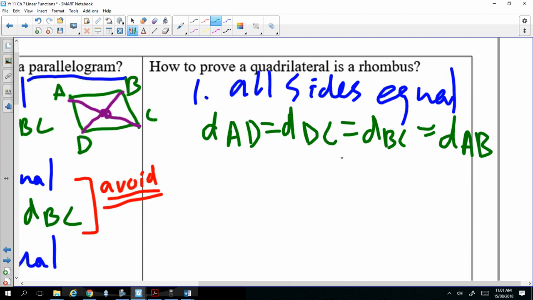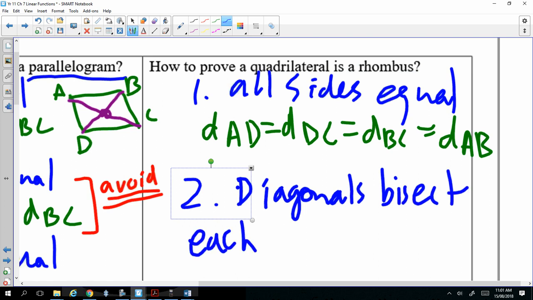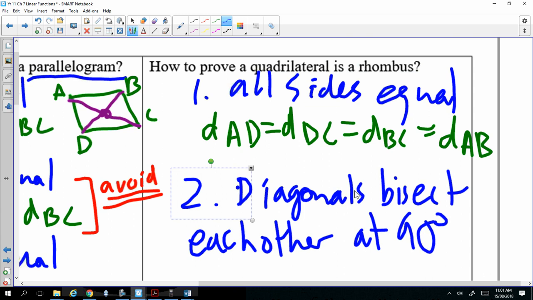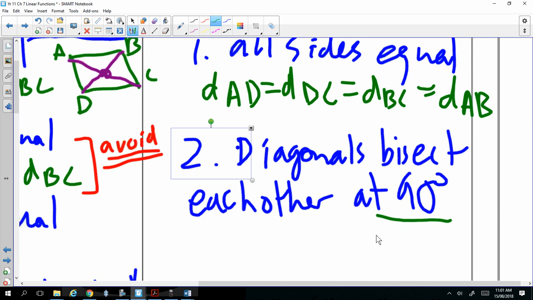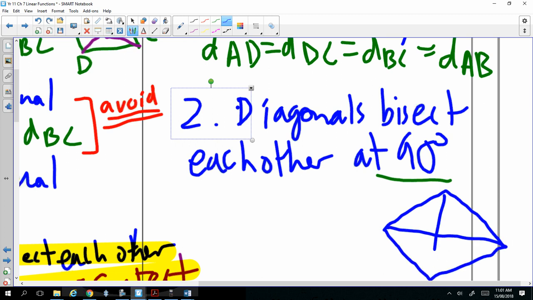Diagonals bisect each other at 90 degrees. So it's a bit like a parallelogram, except that you have the extra 90 degrees. So they're perpendicular to each other. So if I draw a picture, it will look like this. Not well drawn. Okay, so you just have to prove the diagonals bisect at 90 degrees. So what you have to do is two things.